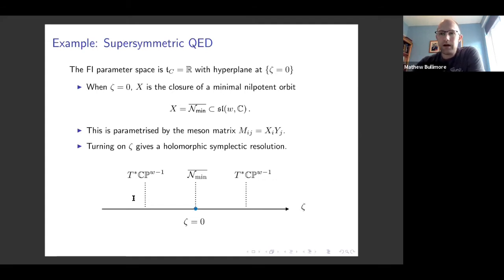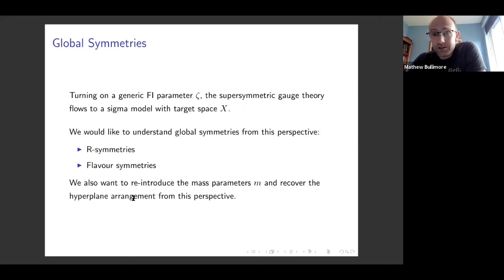All right. So what I'd like to do now is to explain a bit how we can view symmetries from the point of view of the Higgs branch.